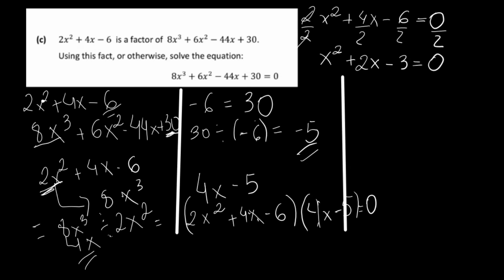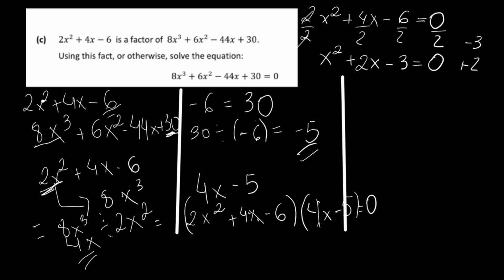Now we have to factorize again, so we need two numbers that multiply to give minus 3 and add to give 2.